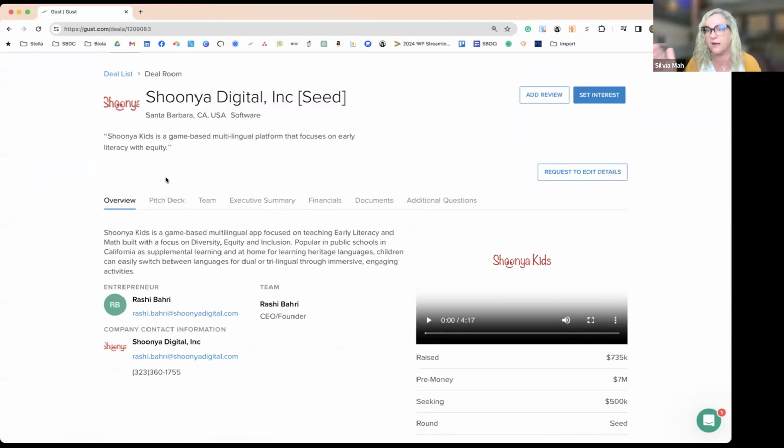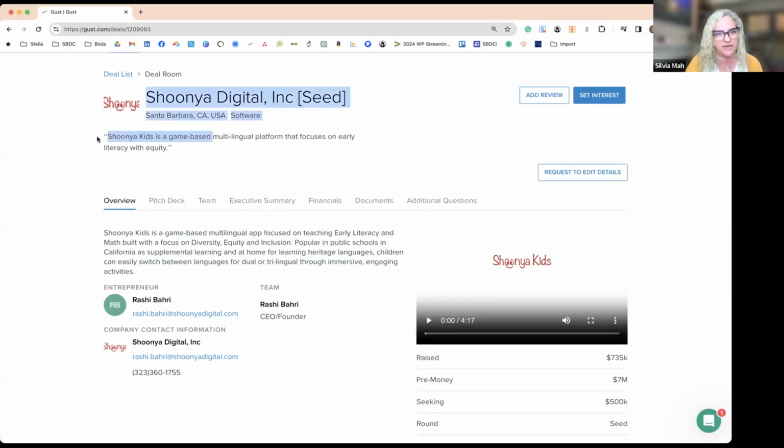But she has here, Shunya Kids is a game-based multilingual app focused on teaching early literacy and math built with a focus on diversity, equity, inclusion, and popular in public schools. So really easy to understand this. What I would say is that real estate is super important on these platforms, because they're just going to see this top piece, the description and the video.